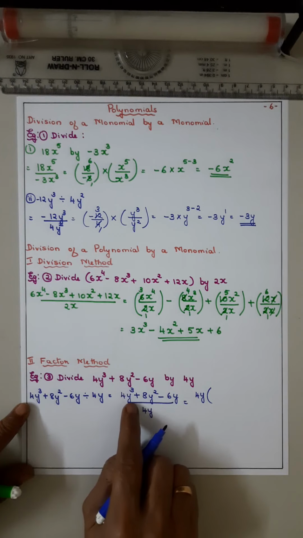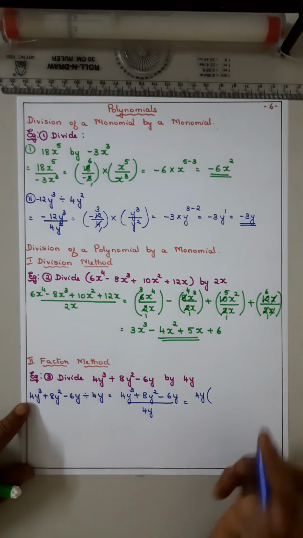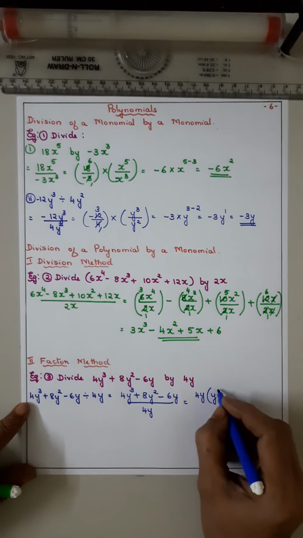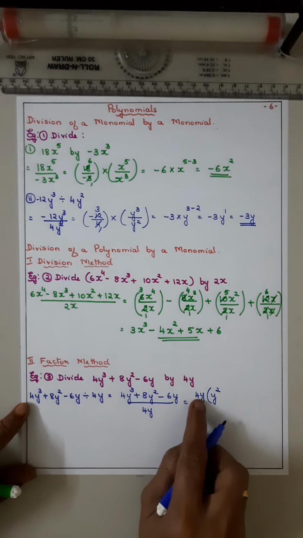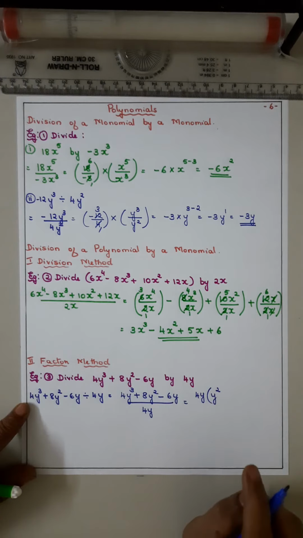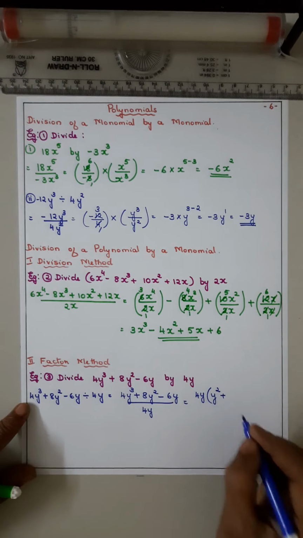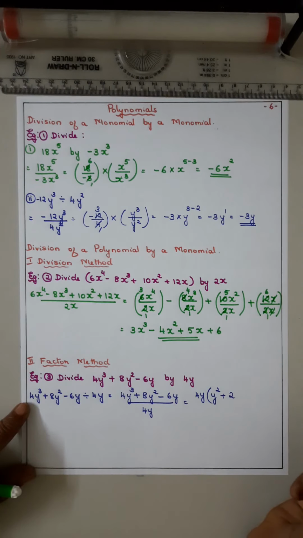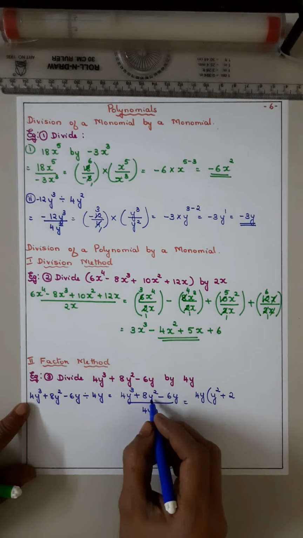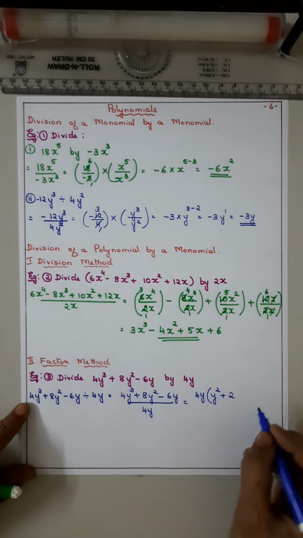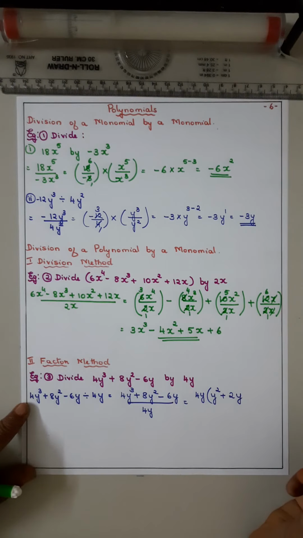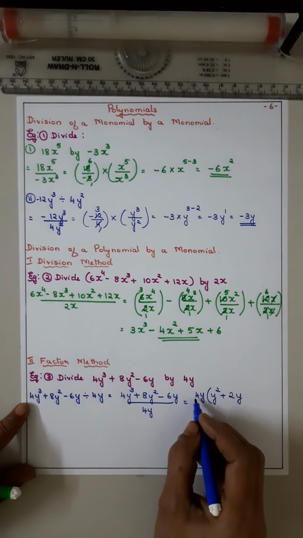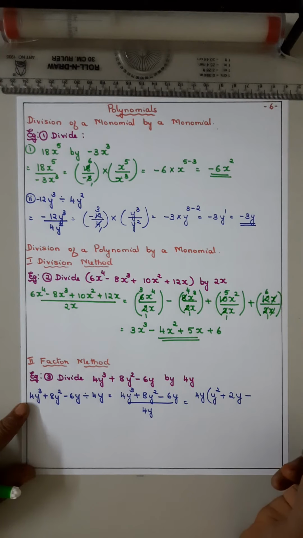In 4y cube, when 4y is taken out, what remains is y squared. 4 is taken out, one y is taken, so y squared will be there. Now 4 times how much is 8? 2 times. Now y squared: in that, one y is taken out, so you will be left with y. The sign is minus.